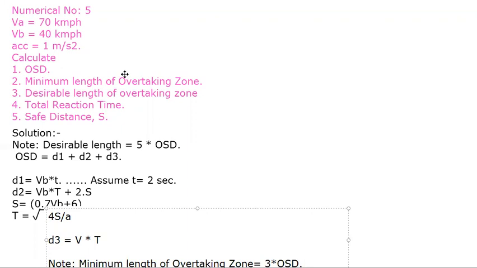So this was about our numerical number 5. I hope you have understood all our numericals. Before solving any numerical, first convert all the kmph values into meters per second, and then try to solve all these numericals. We will now end our second lecture here.